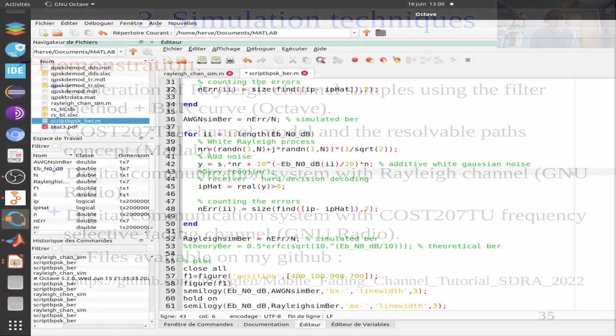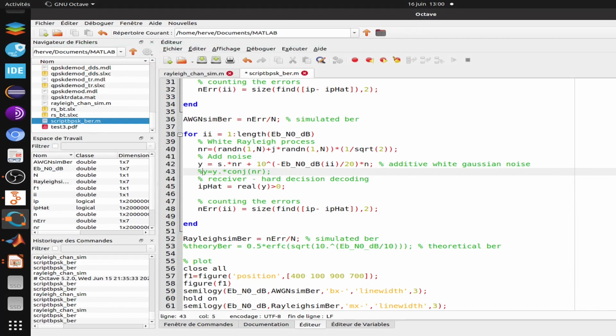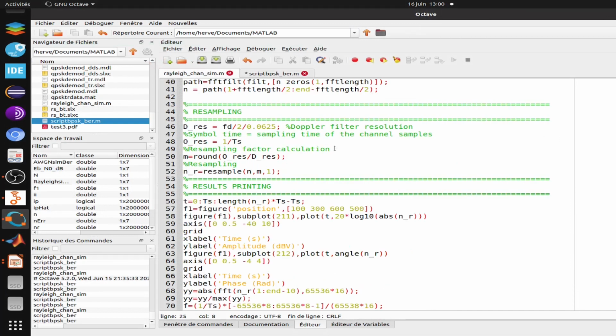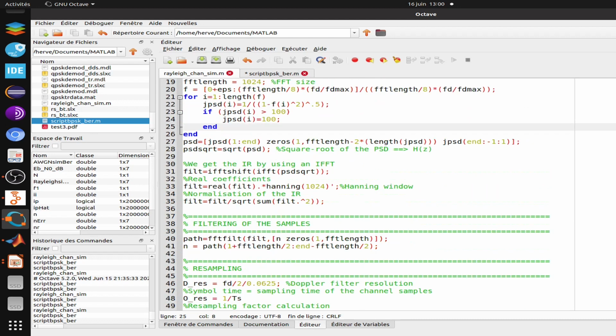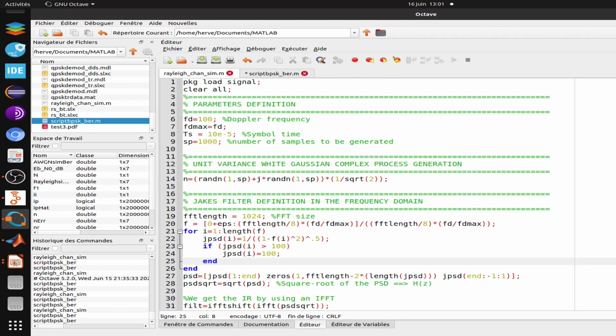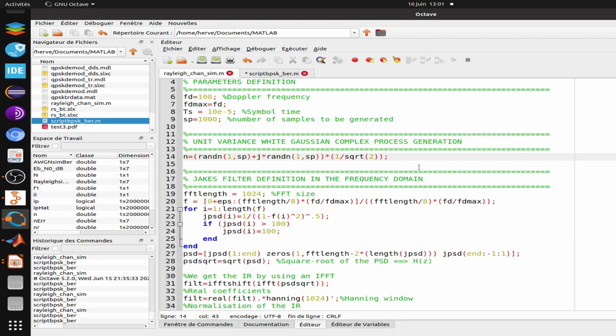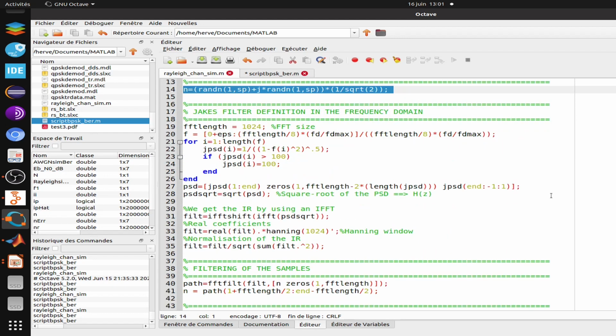Octave. And with Octave, the first thing we are going to do is to simulate a Rayleigh channel. So we are going to generate Rayleigh coefficients. The first thing we start to do with this script is to generate a unit variance white Gaussian complex process. It's quite easy to do, in fact, with the randn function.